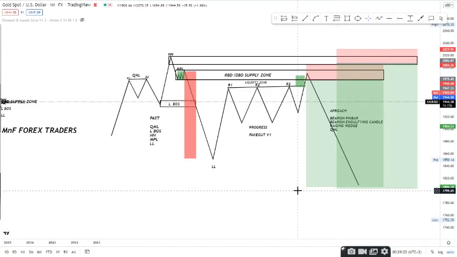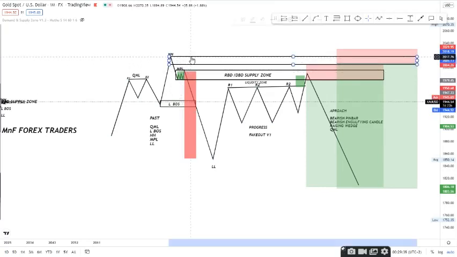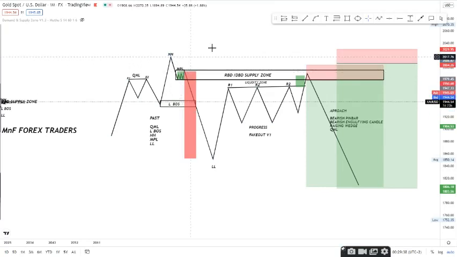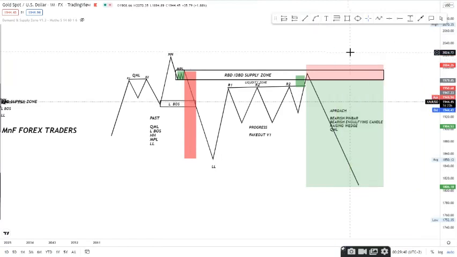So it's different when you have an MPL and when you don't. When you don't have an MPL, this becomes your supply zone. If you have this, then you look for that. For now, we're looking at this one, which has an MPL.